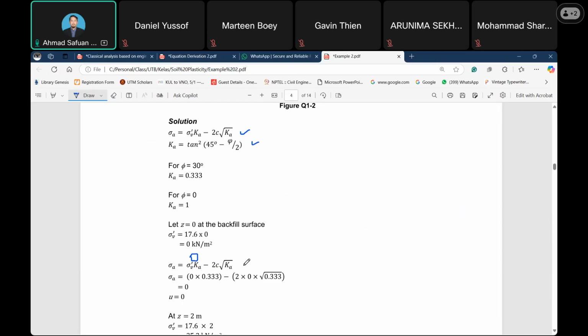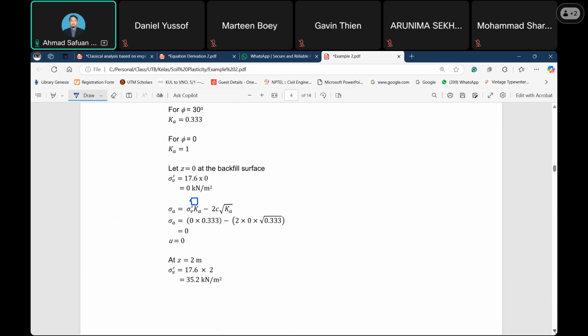If the C is zero, then you have confirmed that your horizontal effective stress is also zero. For this case, the C is zero, so your effective horizontal stress is also zero. U is the pore water pressure. Since there is no pore water pressure at the top, U is equal to zero.